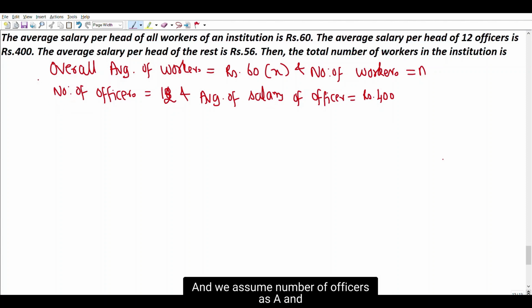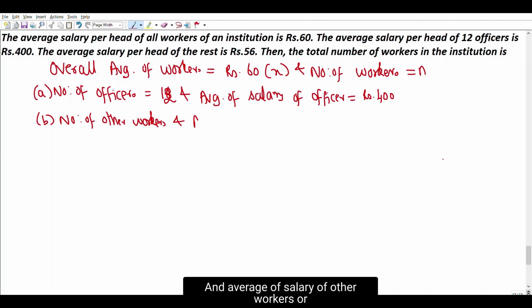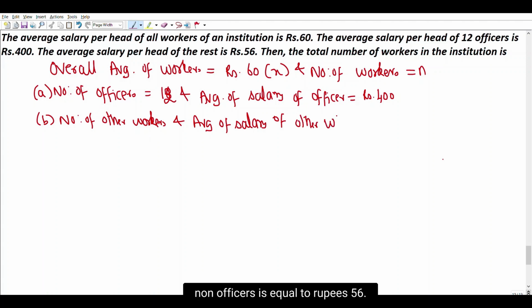We assume the number of officers as A and the number of other workers as B, and we don't know the value of B. The average salary of other workers or non-officers is equal to rupees 56.